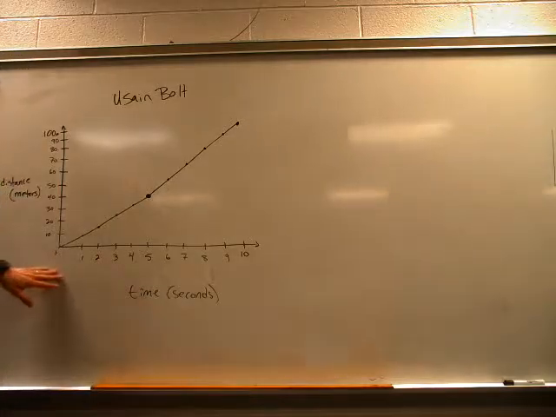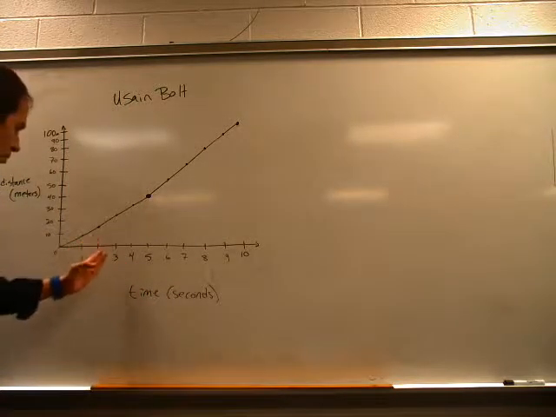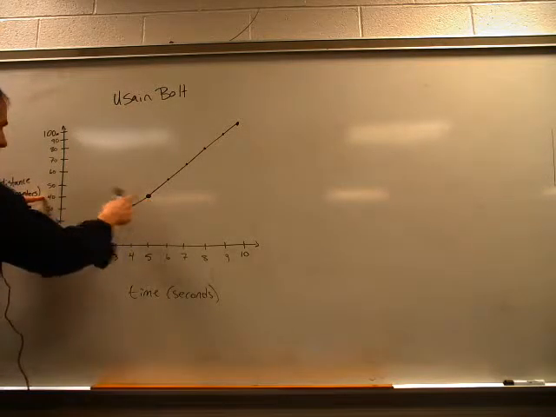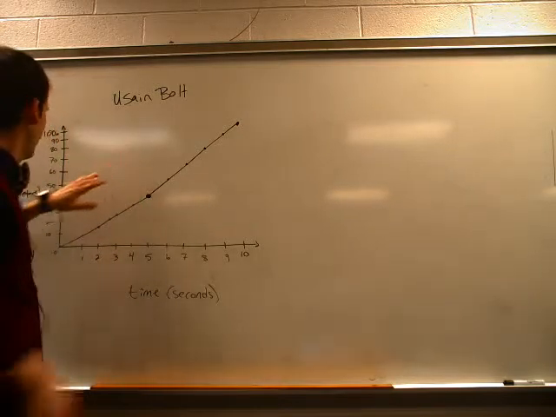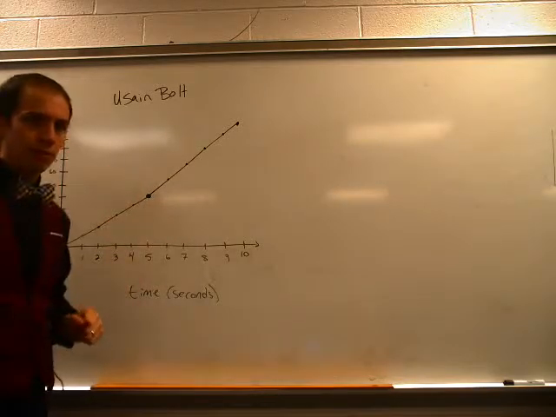So down here, this is our time in seconds, and so at 1 second, 2 seconds, 3 seconds, it shows us where he is in time. This is our distance, this is how far he is. So at about 5 seconds, he's around 40 meters, and this is an estimation. It's probably not 100% legitimate, but this will help illustrate a point that you need to learn.